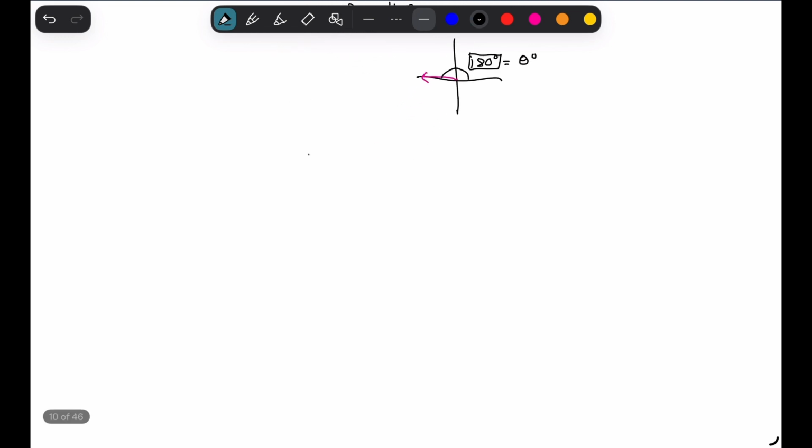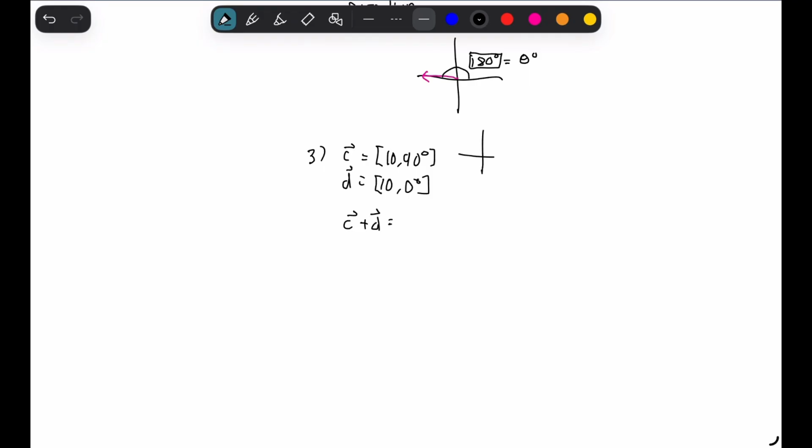Now, let's say that vector c has a magnitude of 10, 90 degrees, and vector d has a magnitude of 10 in 0 degrees direction. We want to find c plus d. We can see that this is going to be 10 magnitude in the direction of 90 degrees.